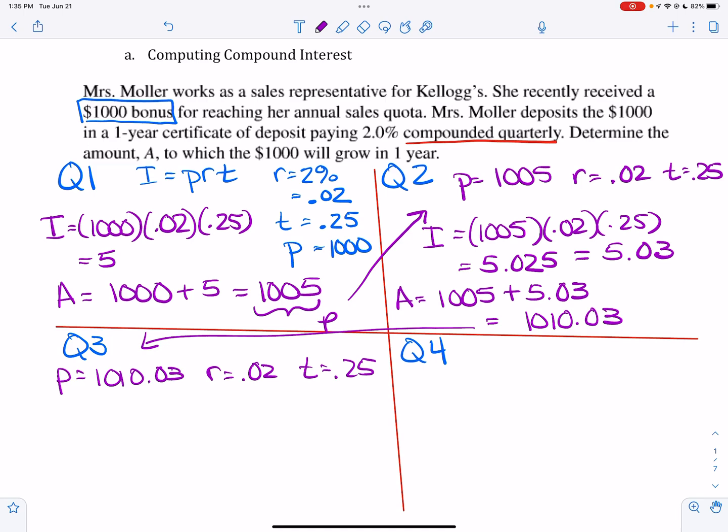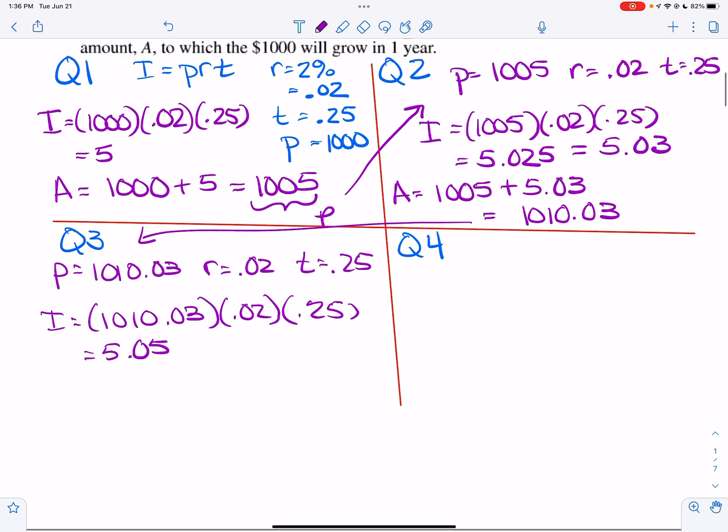So when I take $1,010.03 times 0.02 times 0.25, I now get 5.050, which is going to round to $5.05.